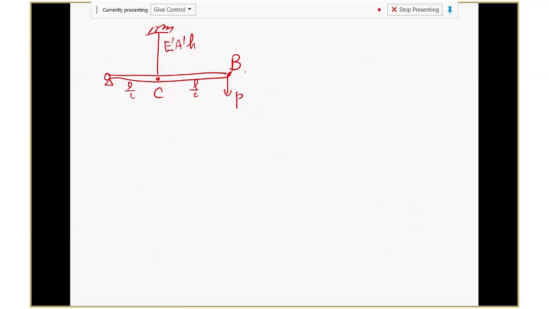Is this a determinate structure or indeterminate structure? Determinate or indeterminate? Determinate. I heard a different voice. Okay, I'm not sure, right? There are point A and point B. So let's try it. Equation of equilibrium, right? That's how you judge whether it is determinate or indeterminate. What's the equation of equilibrium? Well, first you need the free body diagram.